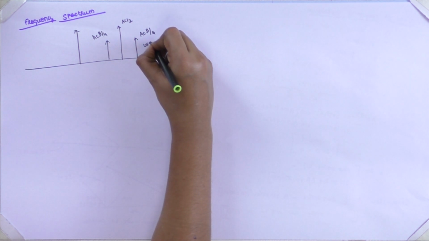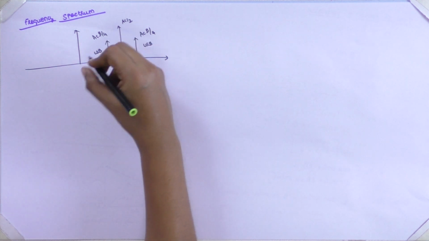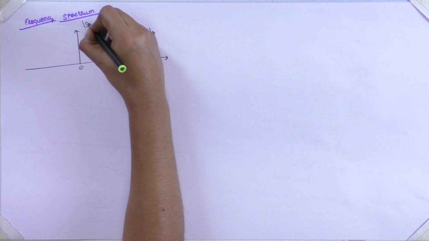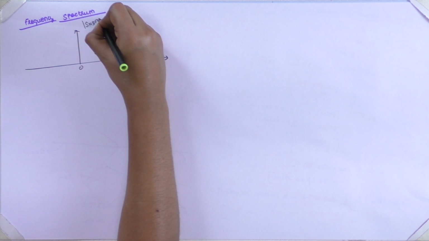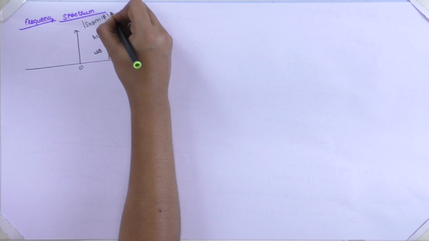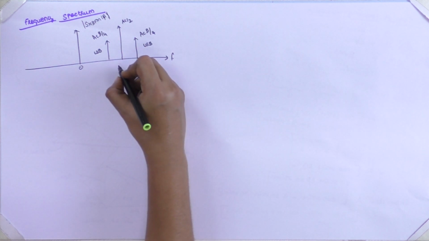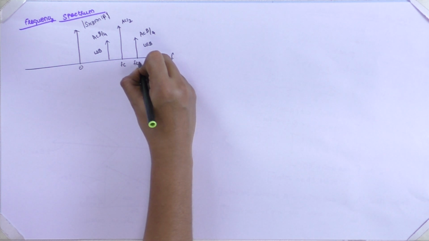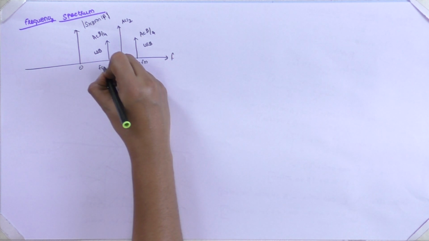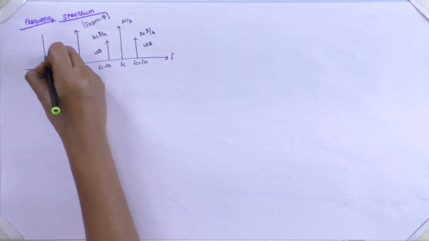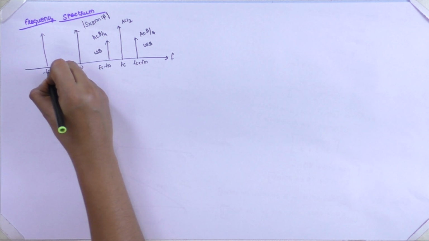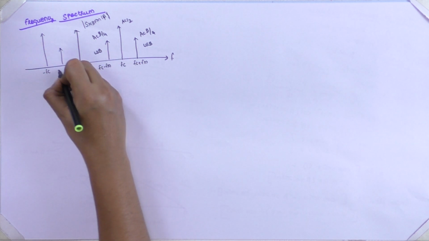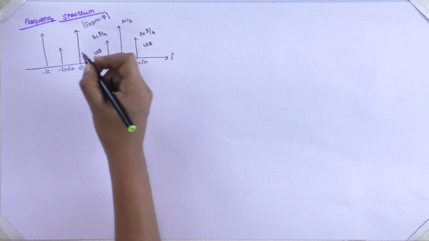This is our upper side band, this is our lower side band. This is for narrowband FM. In terms of F, this is our FC, FC plus Fm, this is FC minus Fm. This is minus FC, this is minus FC plus Fm.